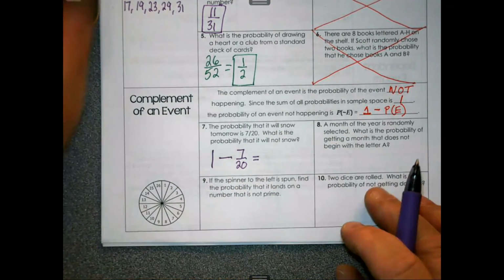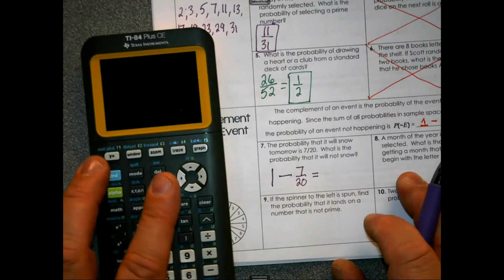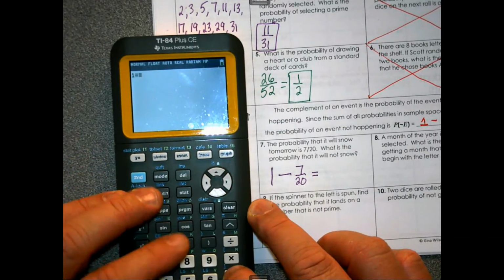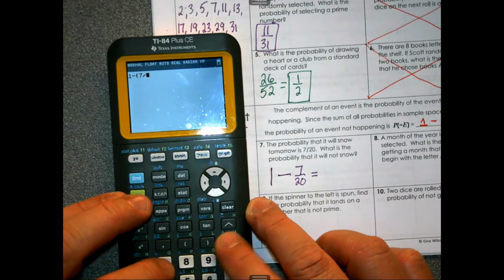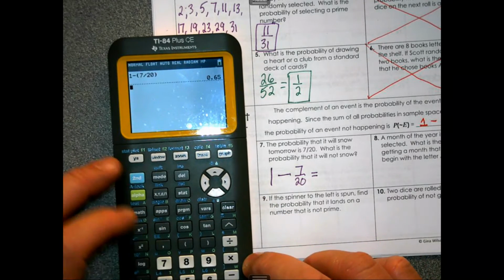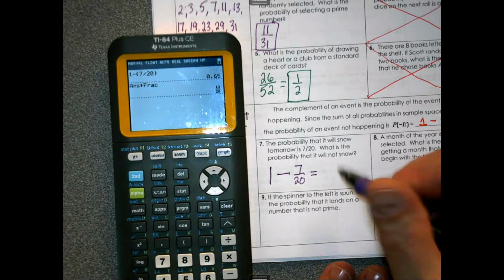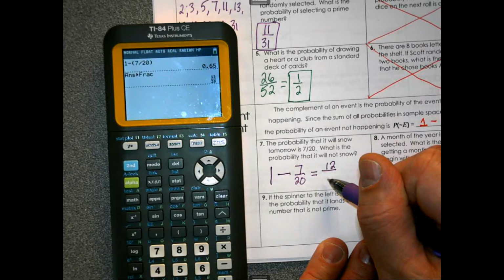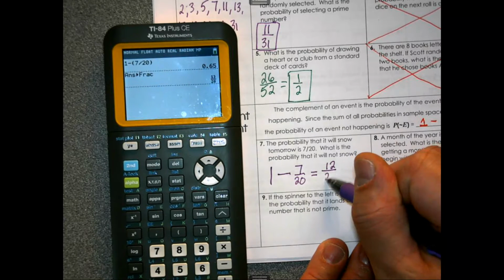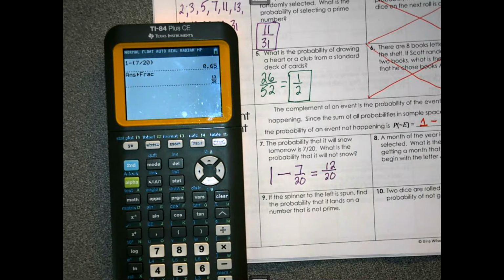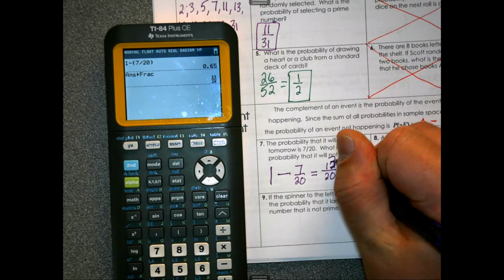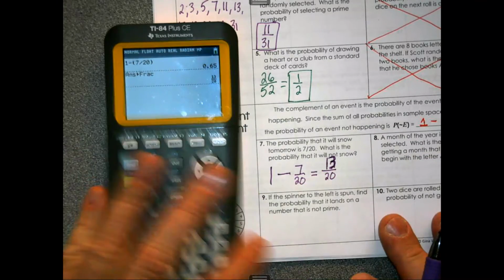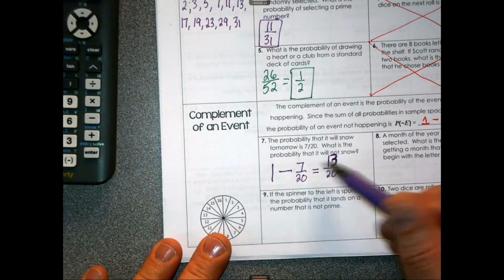You're probably used to putting this in your calculators, and that's okay. 1 minus 7 divided by 20. I can't even read my own calculator, and I have brand new glasses too. That's horrible, because 20 minus 7 is 13, so 13/20.